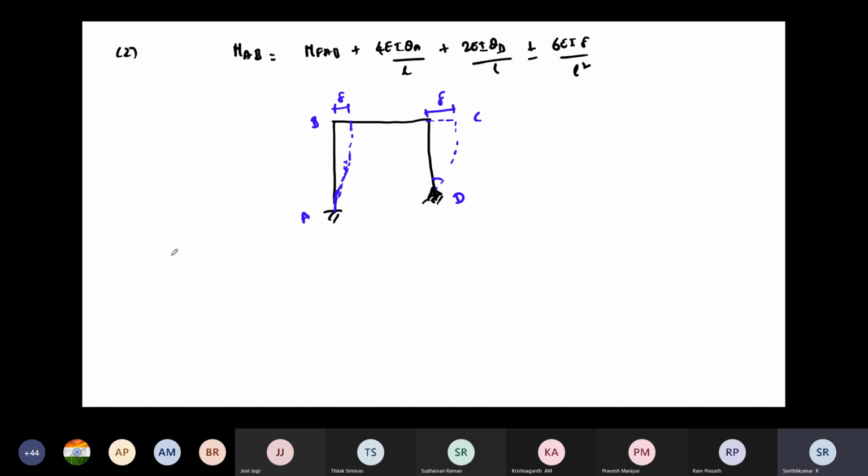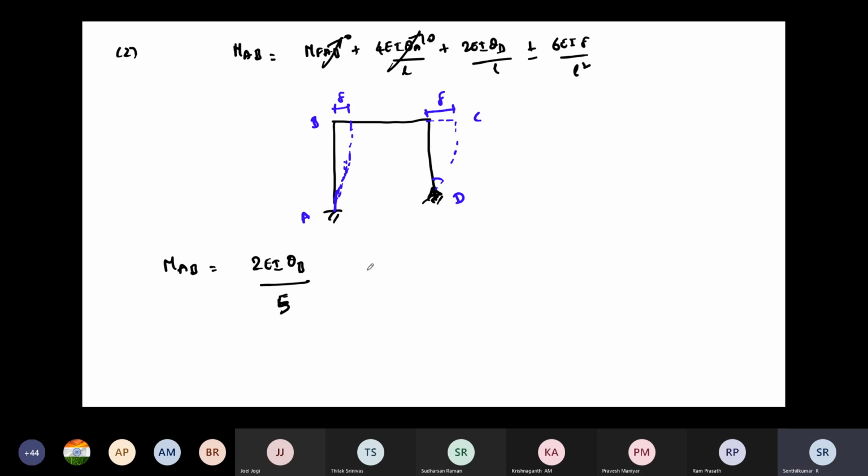Now, when you are writing MAB, MFAB is 0 because we don't have any load, and theta A is also 0 because it's a fixed support. Then 2EI theta B by the length of member AB, which is 5 meter.